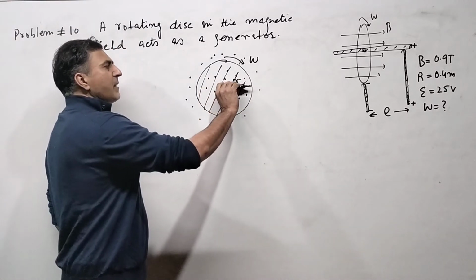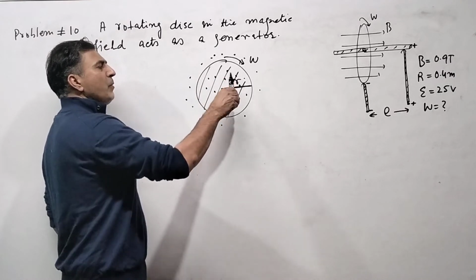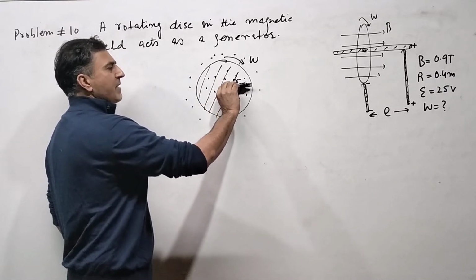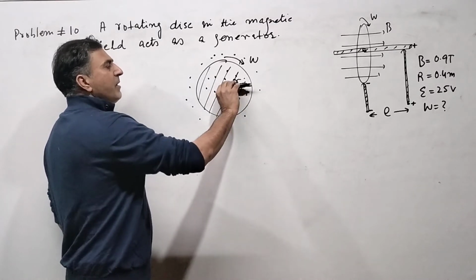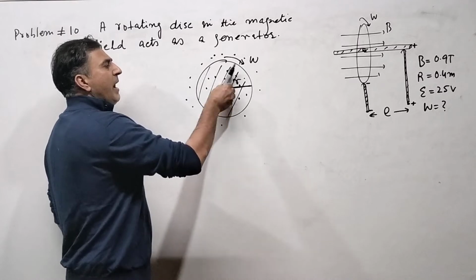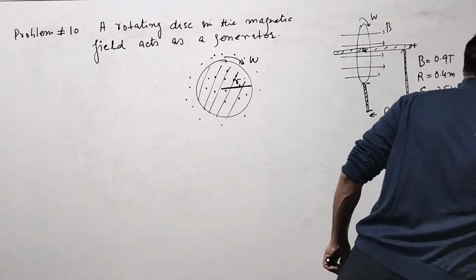When the disk rotates, this radius vector also rotates like this. If you consider this radius vector to be a thin rod, it rotates and cuts the magnetic field.